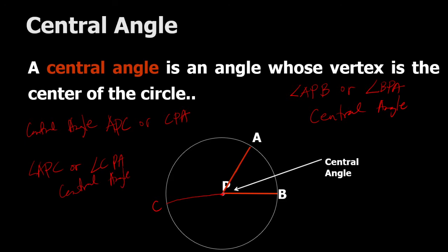Why? Because it contains two radii of the circle which meet at the center of the circle, in which it forms an angle with the common vertex at point P.